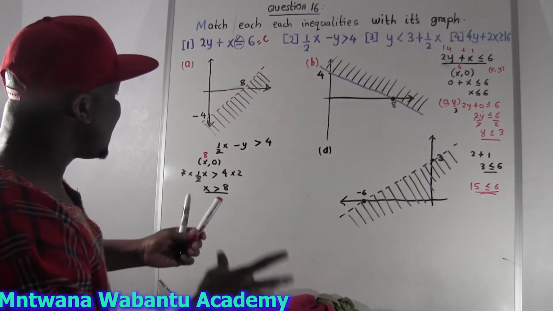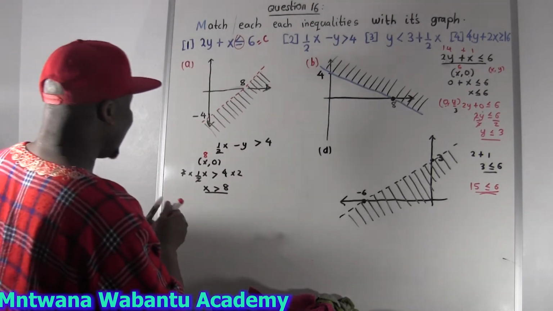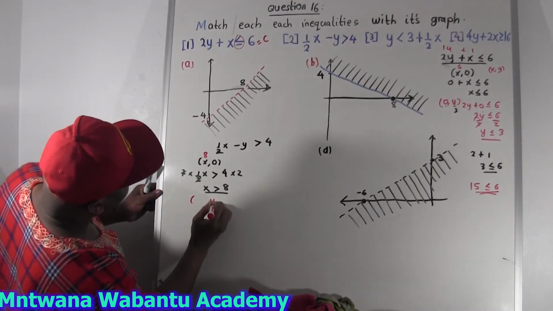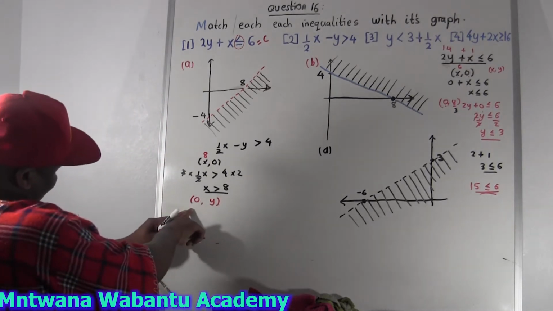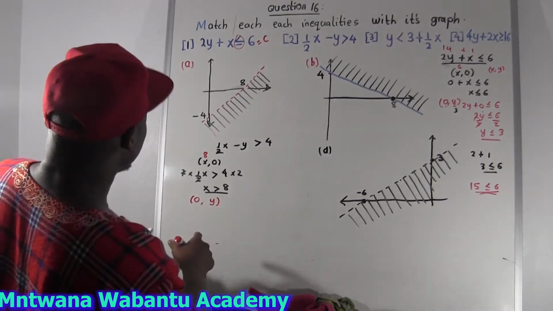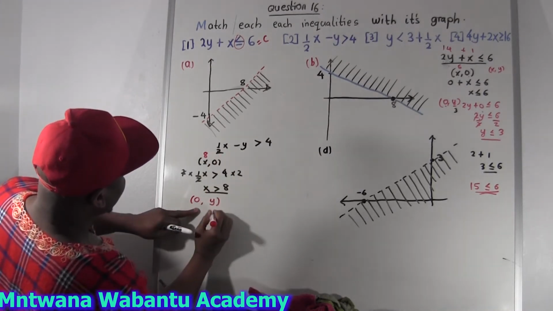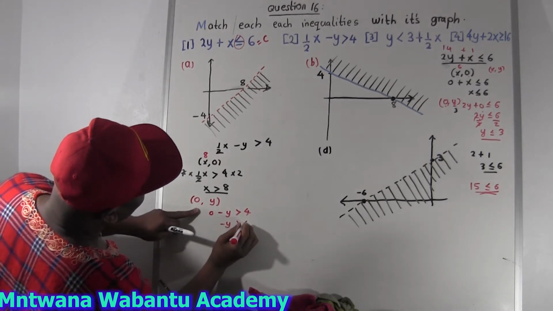We do the same thing for the y-intercept because we want to know where it cuts the y-axis. We take this equation. When finding the y-intercept, x equals 0. So it's going to be one half times 0, which is 0, minus y greater than 4. So negative y greater than 4.